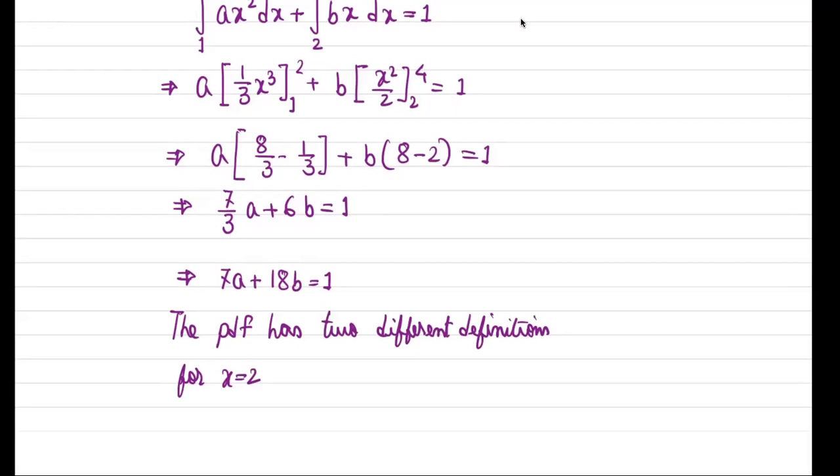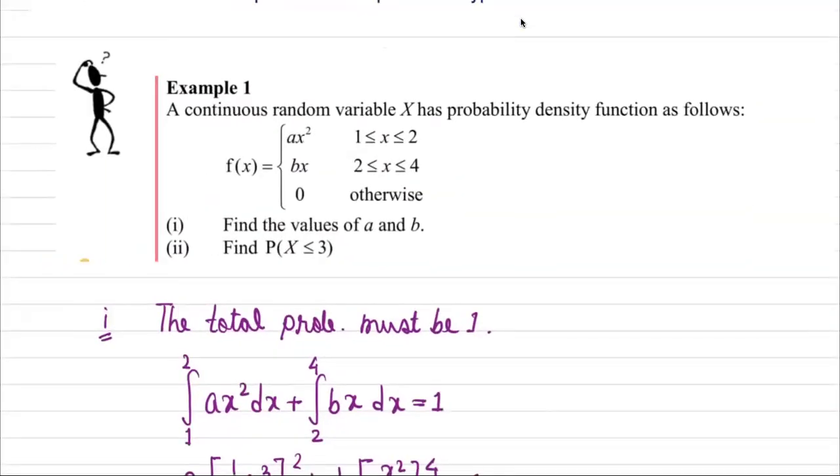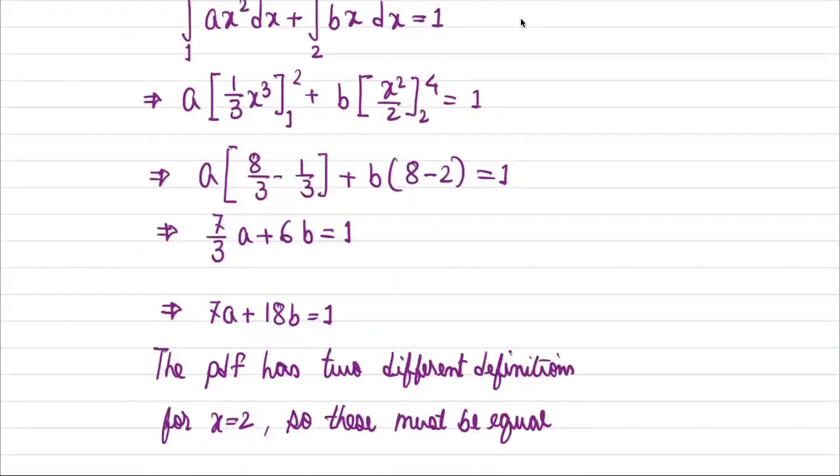So these two must be equal. What I meant to say is that you can see this function is defined for x is equal to 2, and this function is also defined for x is equal to 2. So if I put x is equal to 2 here, and if I put x is equal to 2 here, these two should be equal.